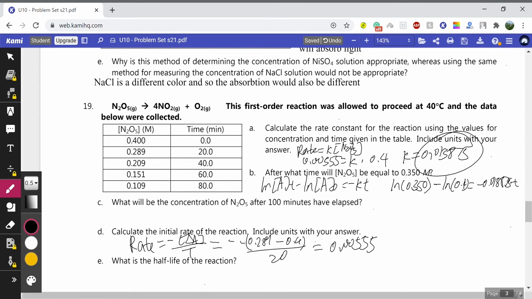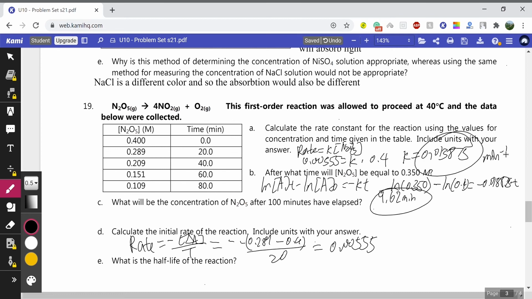So ln 0.350 minus ln of 0.4 divided by negative 0.013875 gives us 9.62 minutes. Okay, we should include units, and since this is first order, it will be minutes to the negative first power.